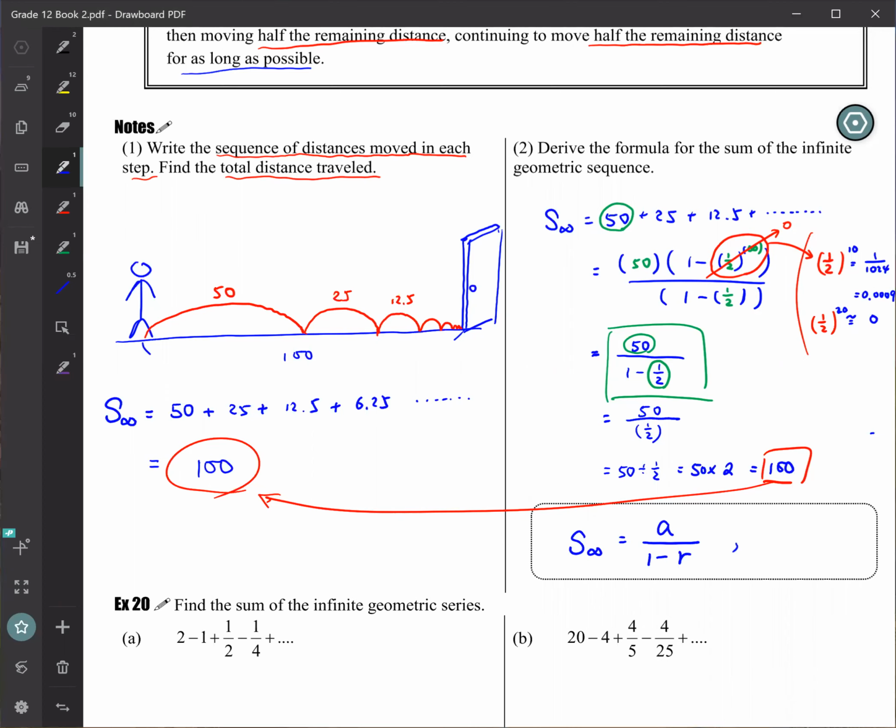Think about this. What should be the restriction on the r? Anyone? Smaller than 1. Yeah, very good. Smaller than 1. For example, half is smaller than 1, right?